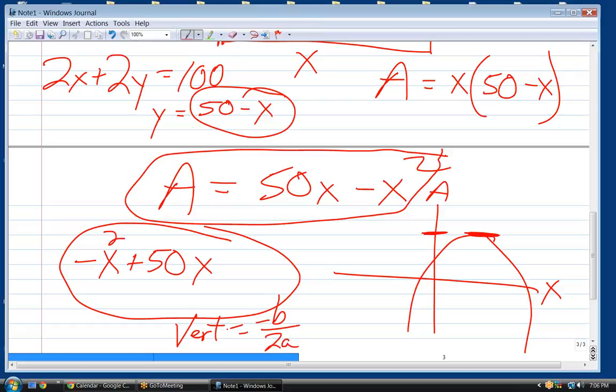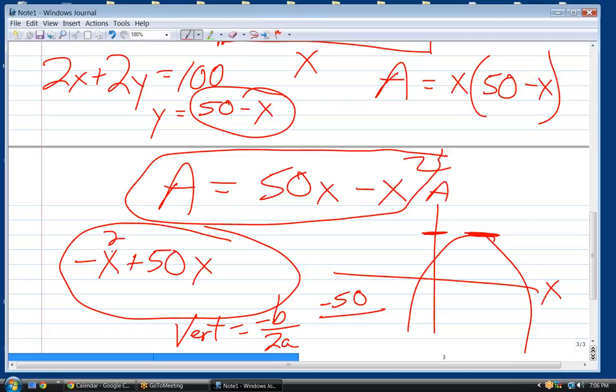Yes, that's the best one to use. So what is negative b here? 50. Negative 50, right? Negative 50. Okay, and what is 2a? Negative x squared. It's the coefficient of x squared.